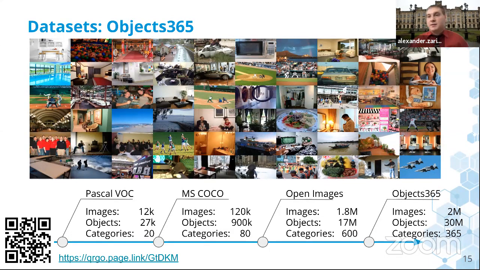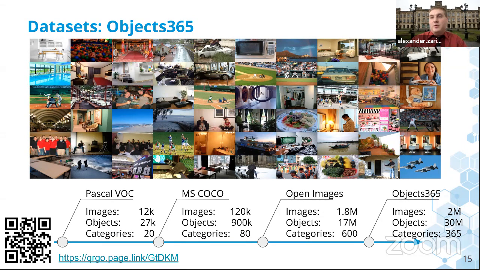And the last dataset which I will tell you about is Objects365. It was released by Megvii company at CVPR 2019, and in March 2020 received a massive update, which extended the dataset to 2 million annotated images, on which 365 categories are fully annotated, which makes this dataset the biggest open-sourced object detection dataset.